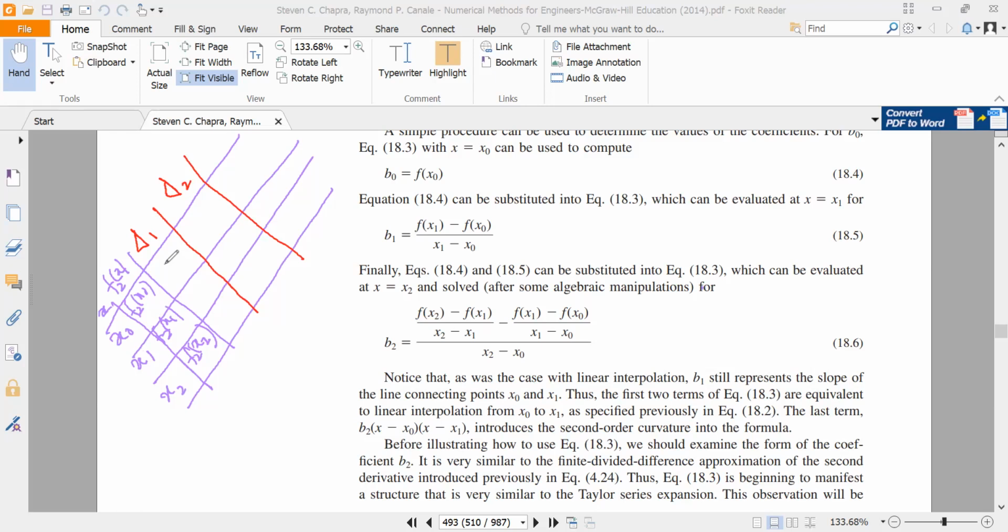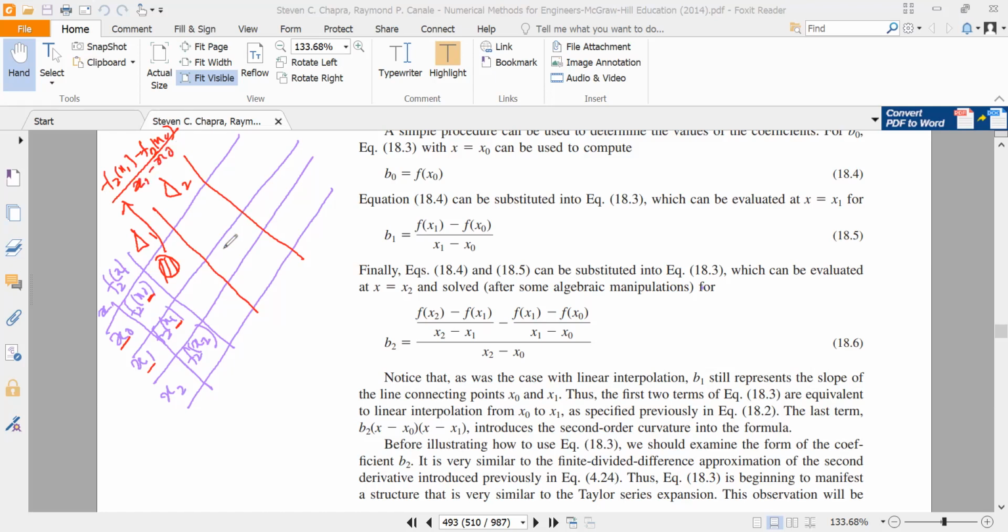Now, in order to calculate this term, this is equal to the first derivative calculated by using f(x0) and f(x1), isn't it? Yes, sir. This entry will be equal to what? f(x1) minus f(x0) divided by x1 minus x0, isn't it?